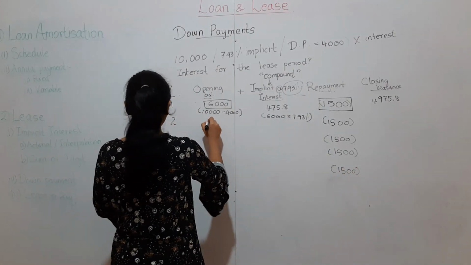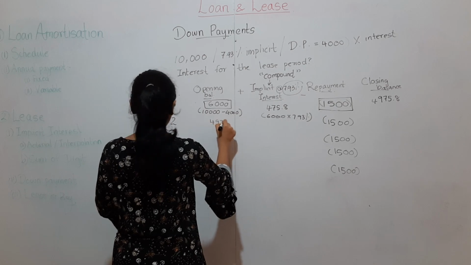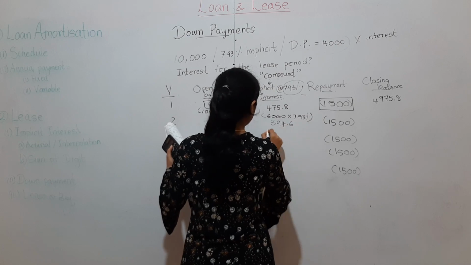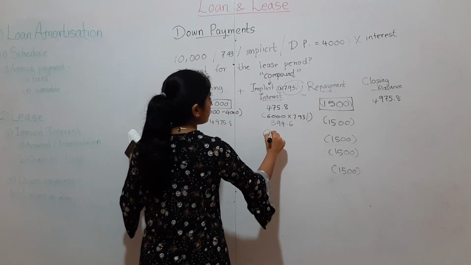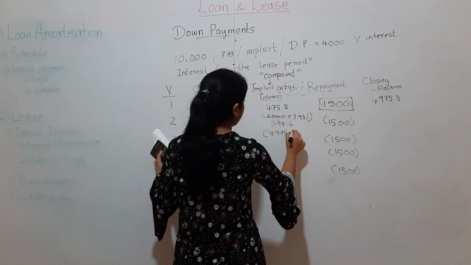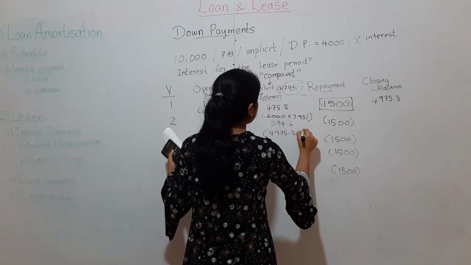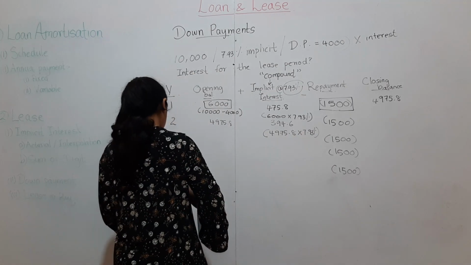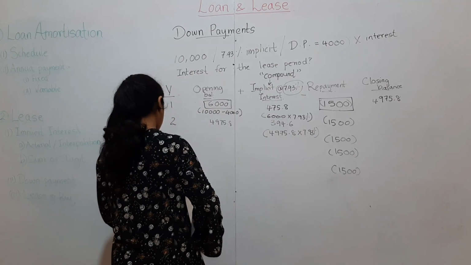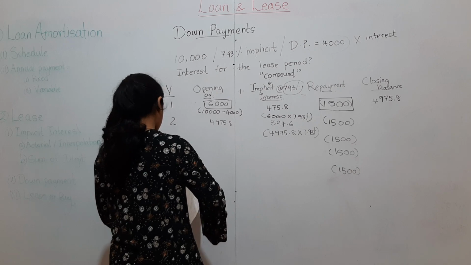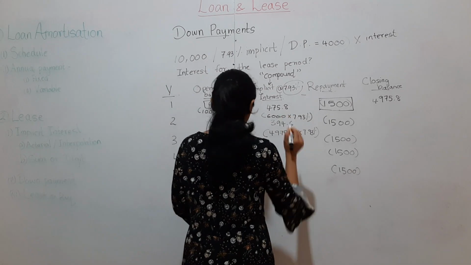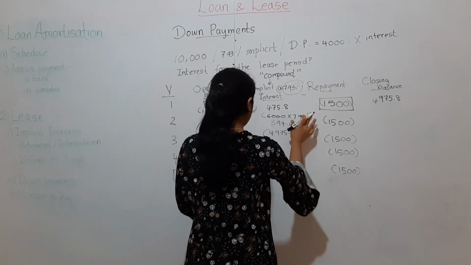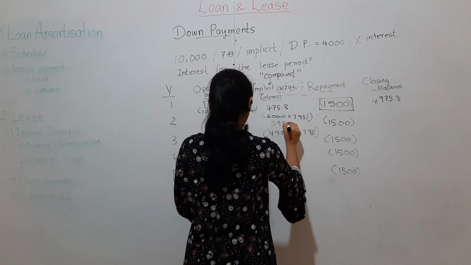So likewise, complete the table. So the interest for the second year will be on 4,975.8 multiplied by 7.93%. That will give us nearly 395.5.